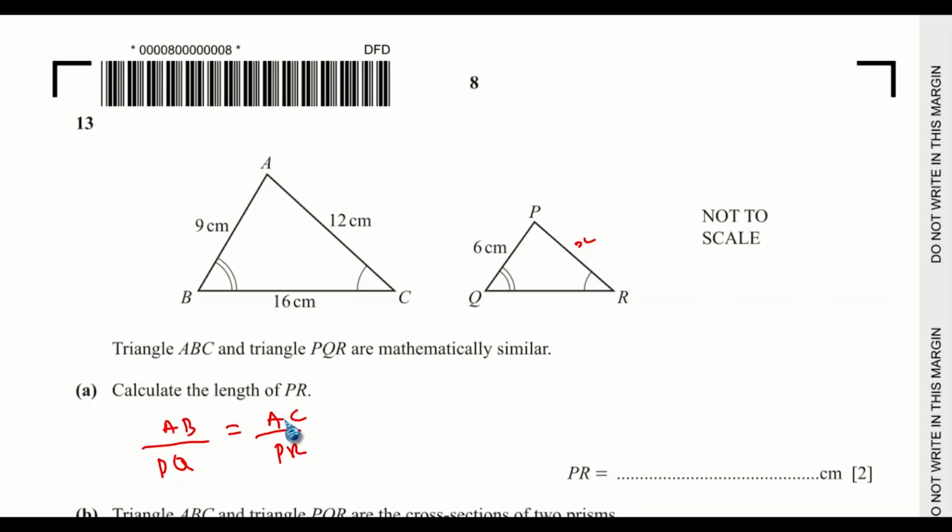So if you key in the values, this should imply 9 over 6 equals 12 over PR. So you can cross multiply. This implies PR equals 6 by 12 divided by 9. So this is equal to 8. So the length of PR is 8 centimeters.